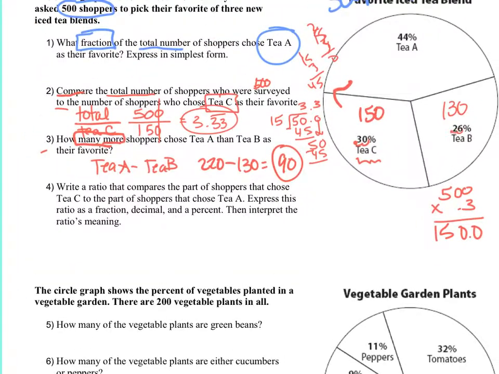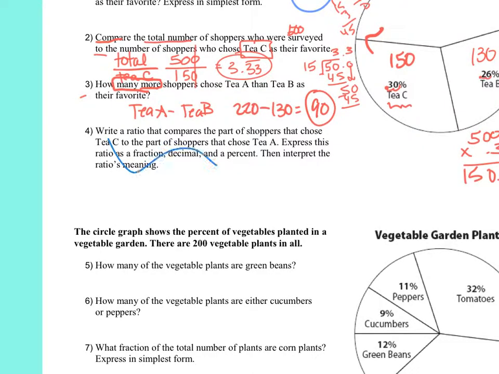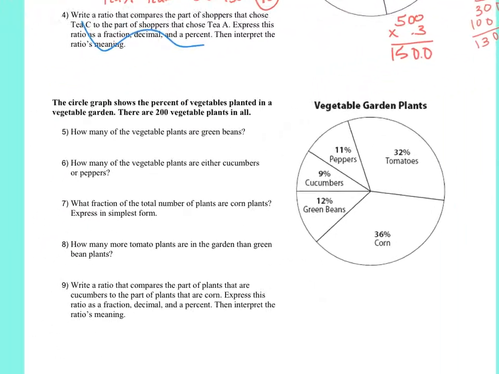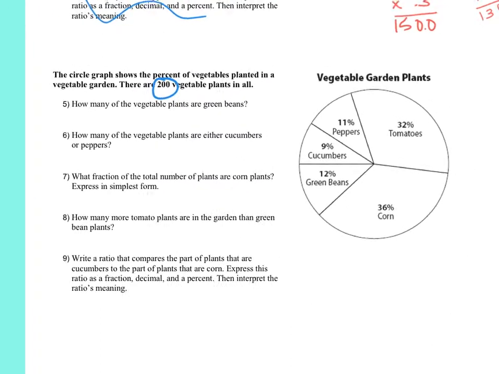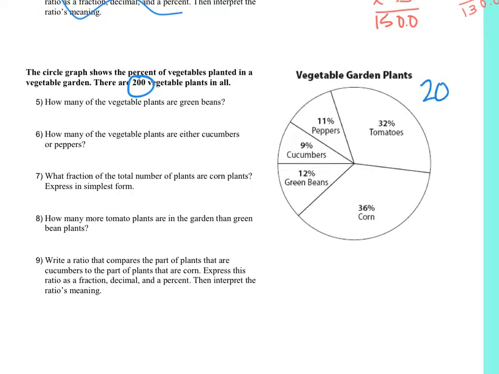Okay, number 4. Okay, we're going to skip number 4 for time's sake down at the bottom. Okay, 200 vegetables in all. So total is 200. And then they break it down. 11% peppers, 32% tomatoes, 36% corn. Okay. How many of the vegetable plants are green beans? Green beans, where are we? 12%.